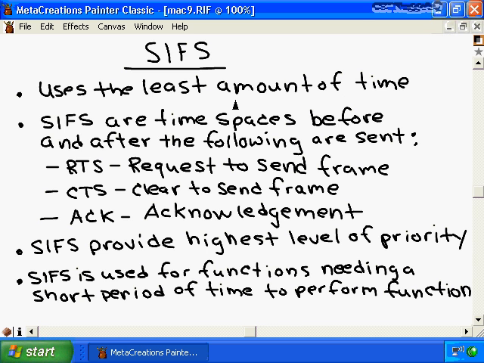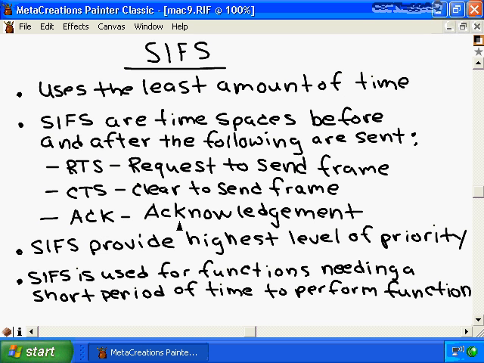Well, these are time spaces that are included before and after these types of frames are sent: an RTS, which is a request to send frame, a CTS, which is a clear to send frame, and we'll learn more about RTS and CTS later in this video, and a frame type that we've already learned about, which is ACK, an acknowledgement frame. So before an acknowledgement frame is sent, there'll be a little gap in time.